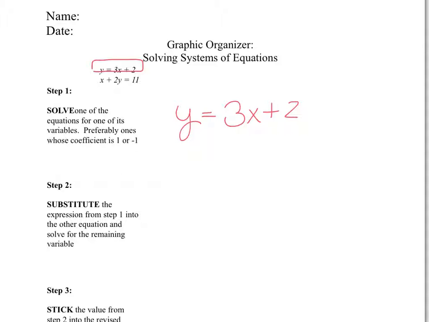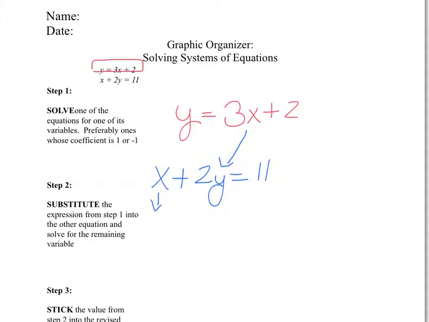So now what happens in spot number 2 is we take the second equation, the x plus 2y equals 11, but we're going to substitute and we're going to take y out of the problem and we're going to put the 3x plus 2 in instead. Everything else in the problem stays the same.